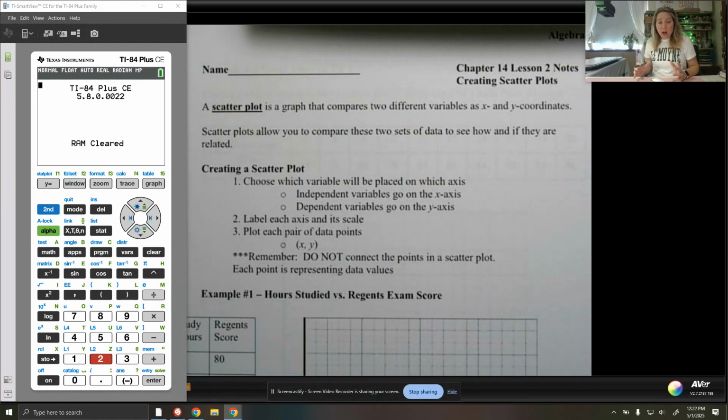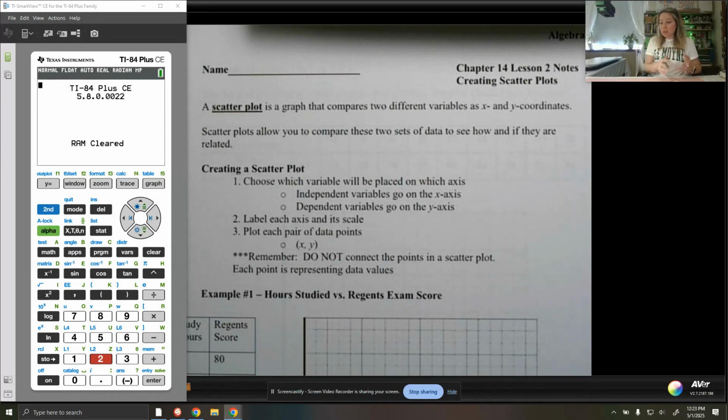So a scatter plot is going to be a plot of points that make up two separate variables that we are trying to compare. Those two separate variables of data are the bivariate data that we are analyzing. So we want to see if there is any sort of relationship between these two specific data points that we will have gathered together.